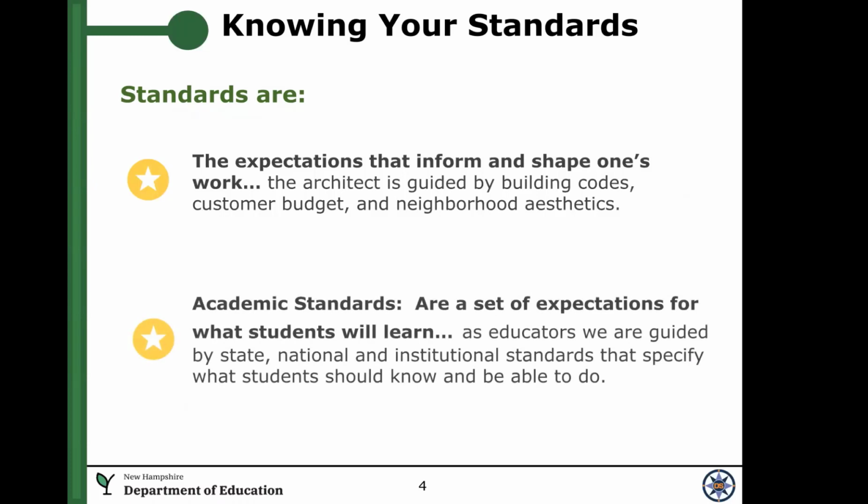Also, with our academic standards, these are the expectations that we have for all students and what we want them to learn, right? We are guided in the state of New Hampshire by the Common Core. And a lot of our districts have taken those Common Core standards and sort of mapped them out for our specific districts. But in the state of New Hampshire, we have adopted the Common Core.